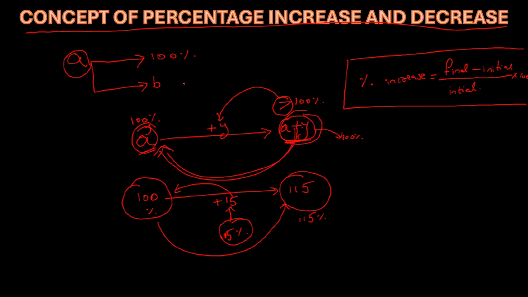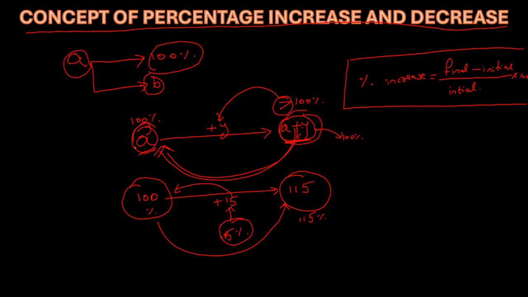I'll make sure you have no doubts. Let me explain it one more time, guys. A, when compared with itself, is going to be 100%. But when it is compared with any other number other than A, its percentage might vary with respect to the number that I am comparing with.